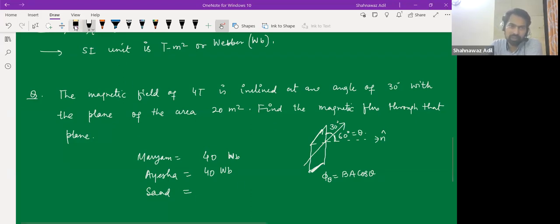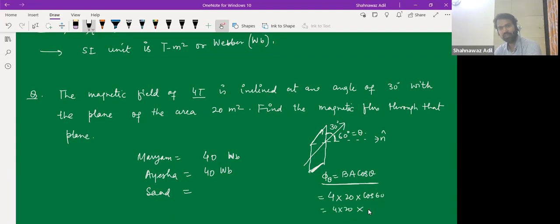Okay, Saad, we know that magnetic flux is BA cos theta. The magnetic field is 4 Tesla, so this is 4, and A is 20 meters square, and cos of 60. So this is 4 into 20, and cos of 60 is 1 by 2, so we'll get 40 Weber.